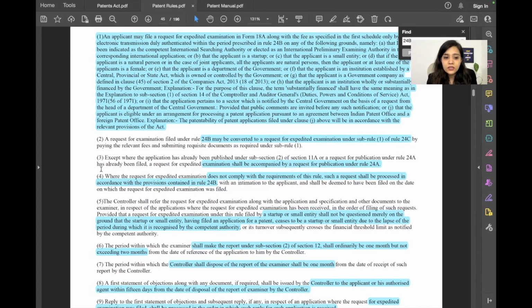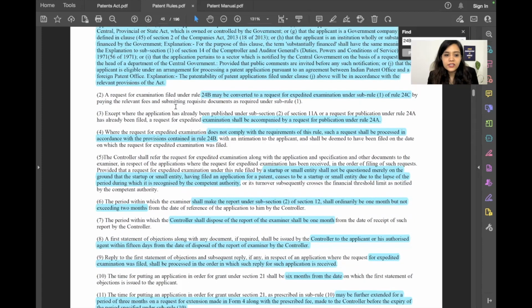So it is written in this sub-rule that except where the application has already been published under Sub-Rule 2 of Section 11A, or a request for publication under Rule 24A has been filed, a request for expedited examination shall be accompanied by a request for publication under Rule 24A. So if publication has not happened, then if you are filing for expedited examination, you should file a request for publication as well. Now, what is explained in clause 4?